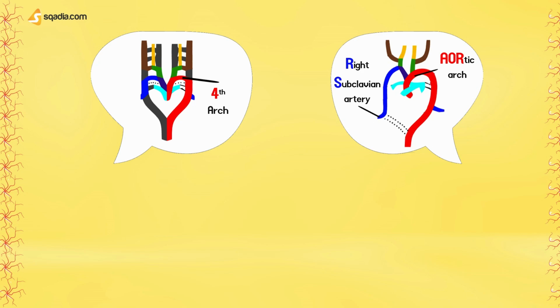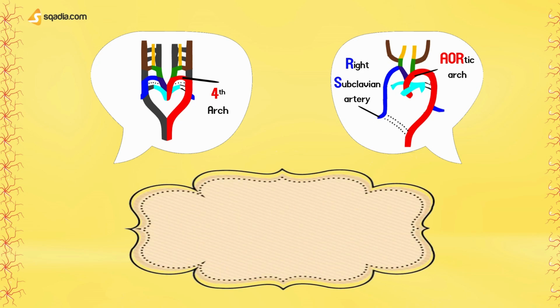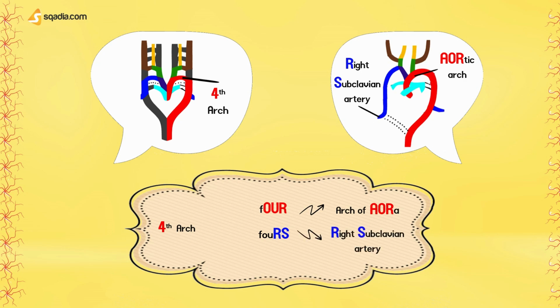So, the mnemonic for the fourth arch is "fours". 4 rhymes with "or", for aorta, while R in "fours" is for right, and S in "fours" is for subclavian.